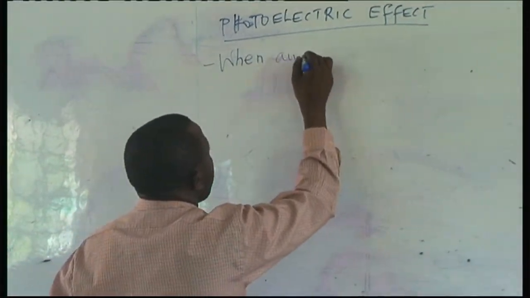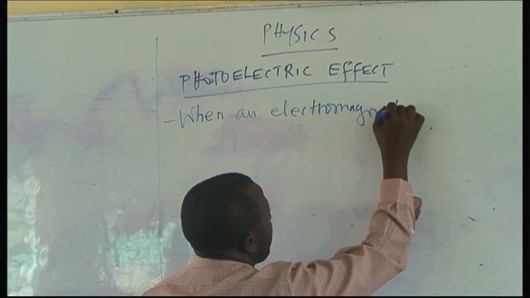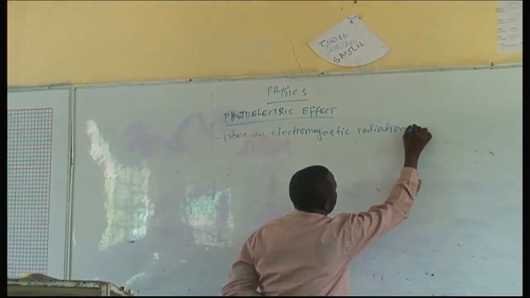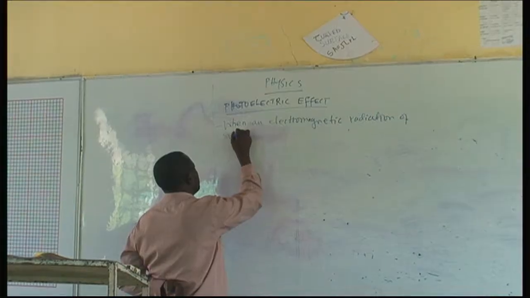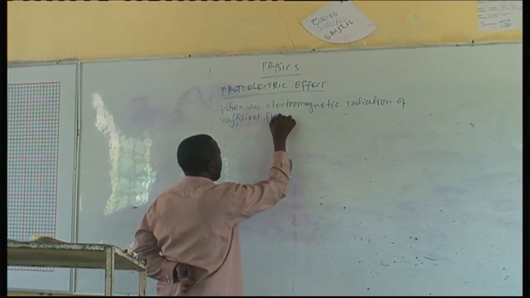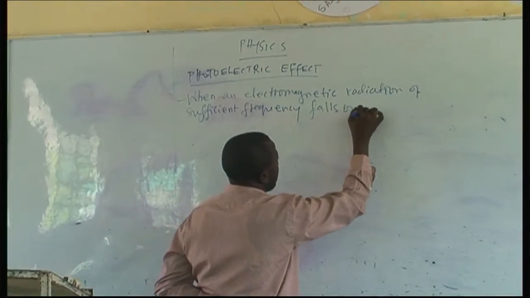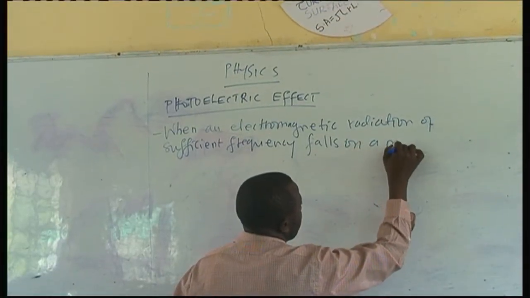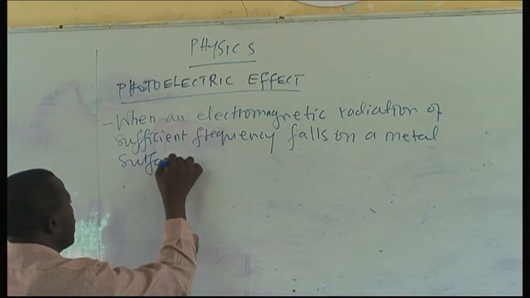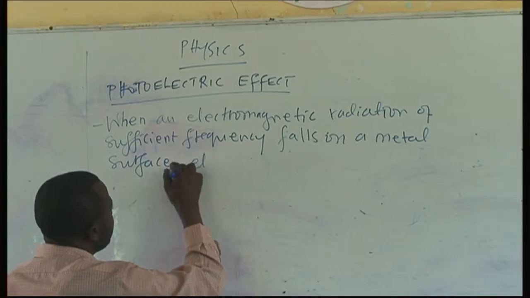When an electromagnetic radiation of sufficient frequency falls on a metal surface, electrons are emitted.